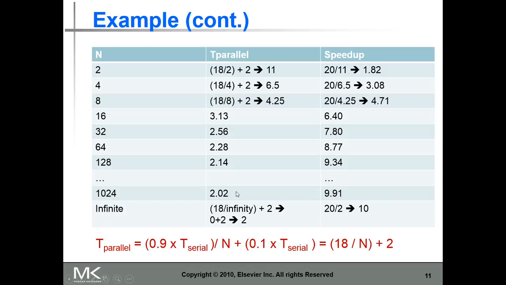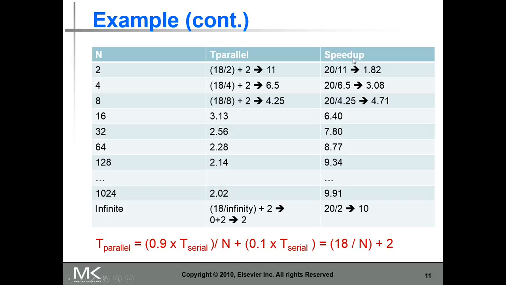So 2 is the smallest amount of time required, because we just have to have that for the serial part. And then we could maybe get a little extra time if we had lots and lots of processors over that. So at best we can reach a t parallel of just over 2.